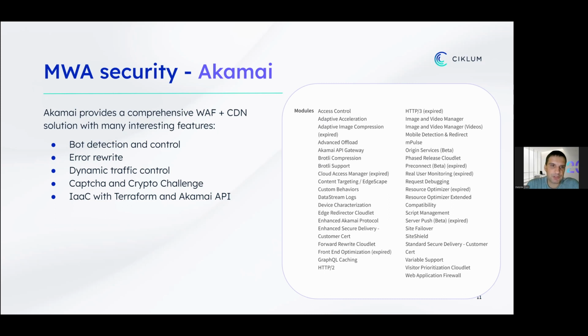This feature is called Crypto Challenge. So basically, what does Crypto Challenge do? It's a captcha-like challenge, but instead of asking if you are a human and you can select all the traffic lights on the picture, which can be done by a bot more easily than by a real human, it makes your browser mine for hashes.